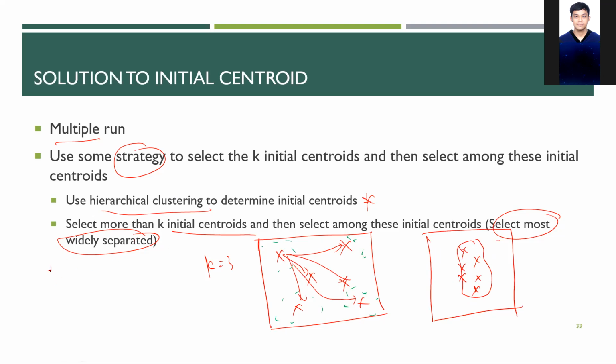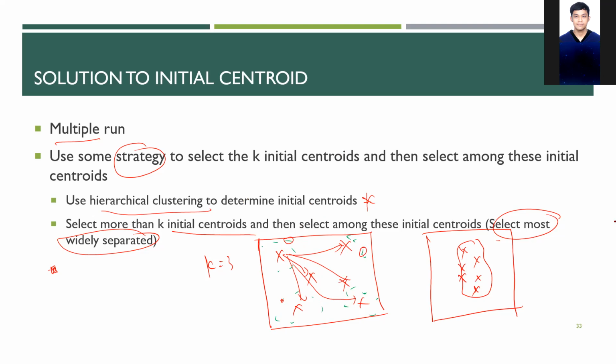And based on my experience, another option to choose the initial centroid is to choose some data points randomly as the initial centroids. For example, the green ones are the data. Let's say I choose 3 data points randomly, this one, this one, and this one, as the initial centroids.